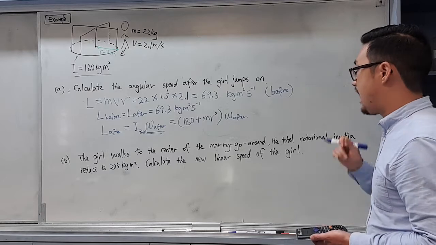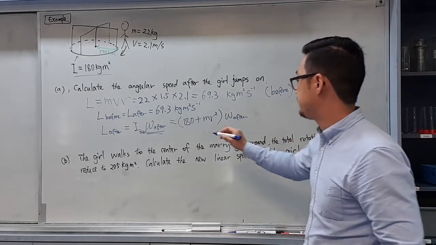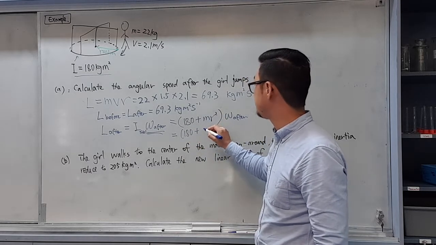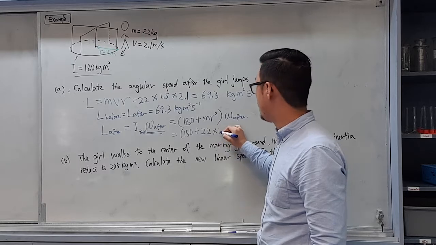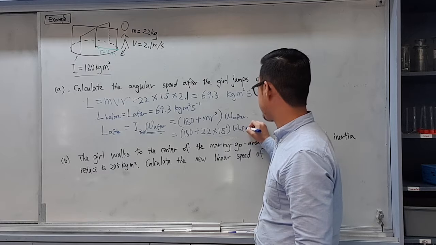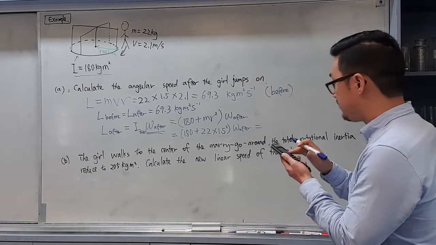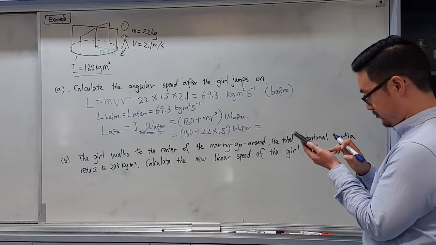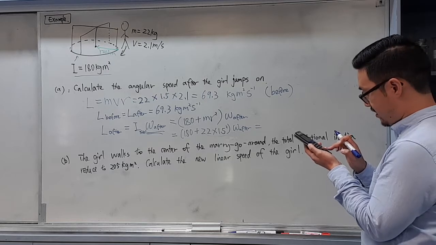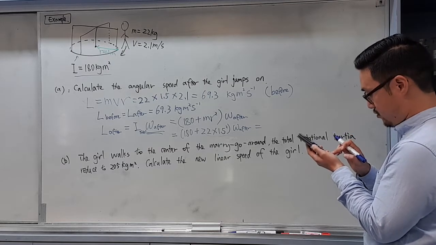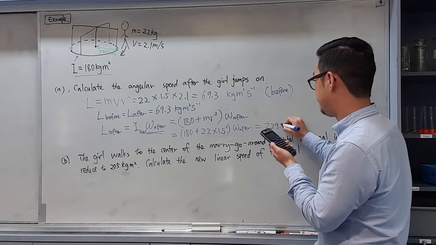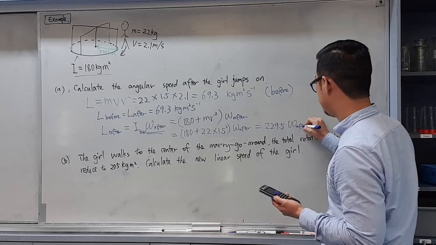Now I'm going to do a little bit of rearranging. It's going to be 180 plus the mass, 22, times 1.5 squared, and then omega after. So 22 times 1.5 times 1.5, and then add 180, gives me 229.5 omega after.